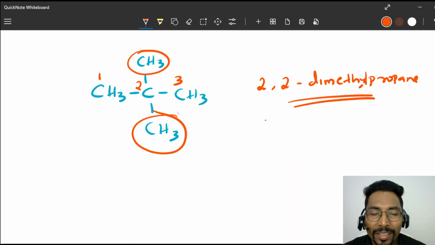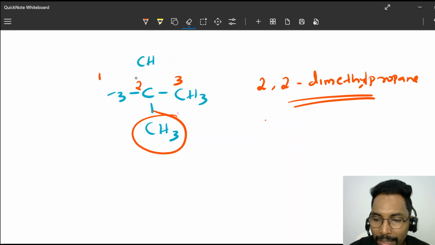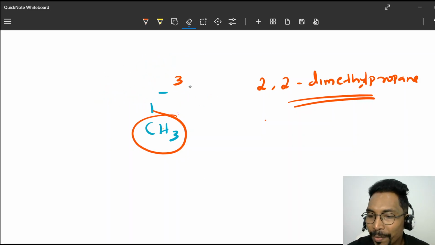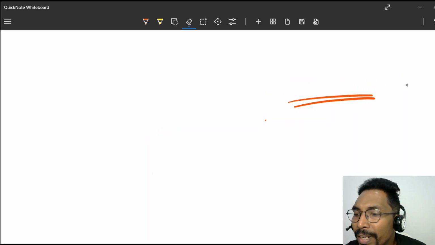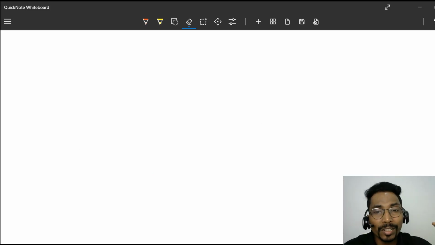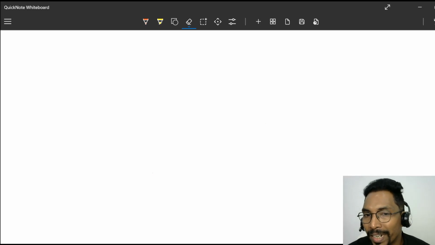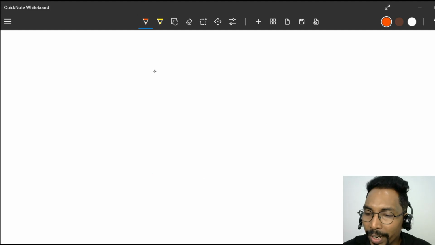Clear? Okay. Now I think this is clear. I will just mention the important functional groups, and then we'll discuss the nomenclature of functional groups in detail in the next class. Functional groups are very important.